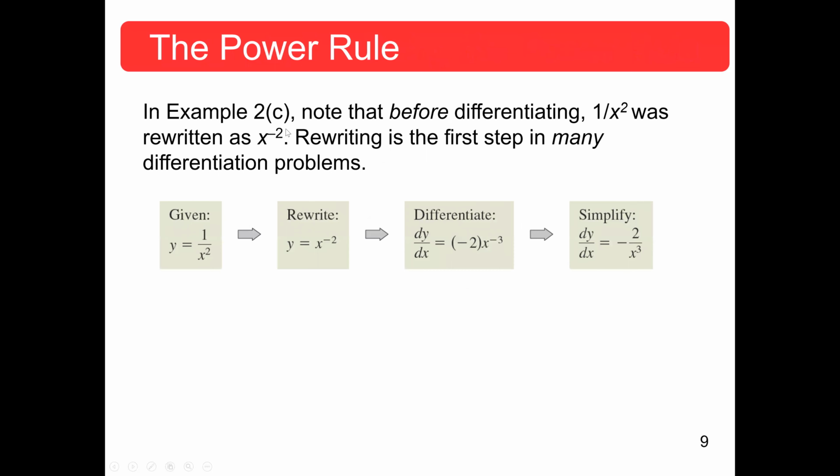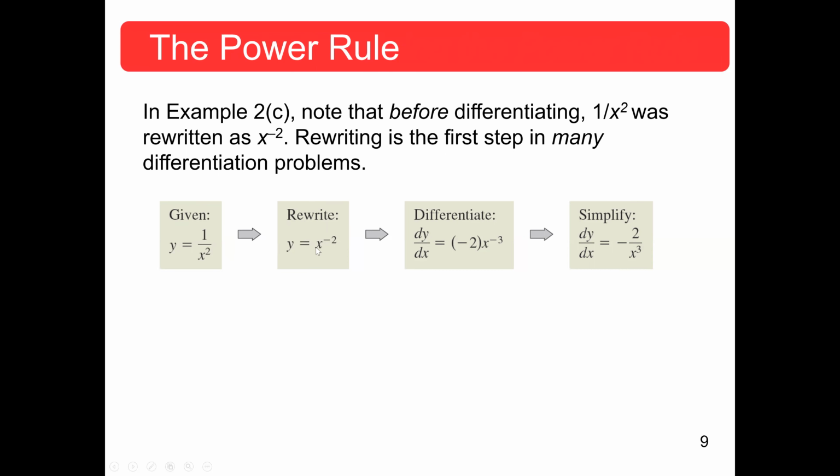So in example 2c, as we saw, we should know that before differentiating, 1 over x squared was rewritten as x to the power negative 2. It's the same first step in many differentiation problems. So for example, y equals 1 over x squared, the best is to convert it so that x squared will be in the numerator.